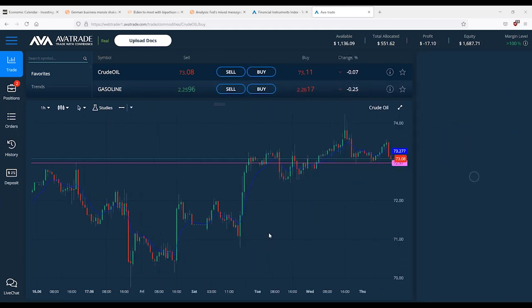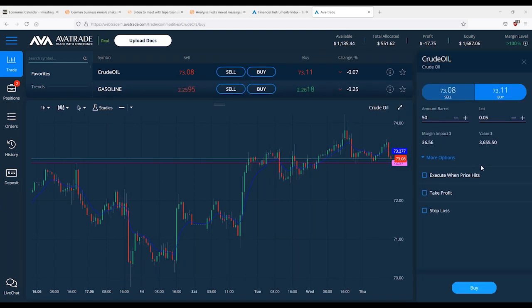I look at a buy position as an example, and I put my stop loss just below this price level here, so 72.97, so maybe 72.5. $72.5 on the stop loss.